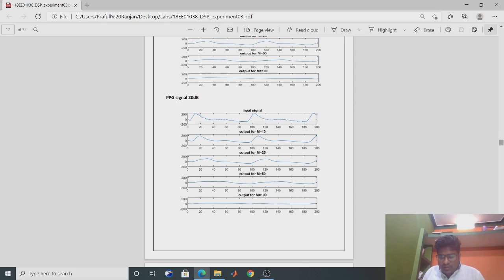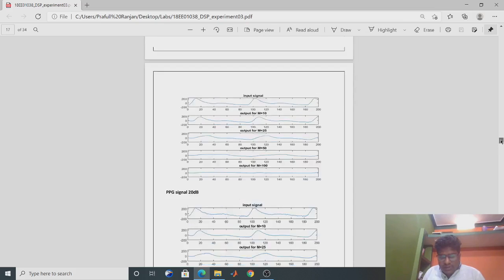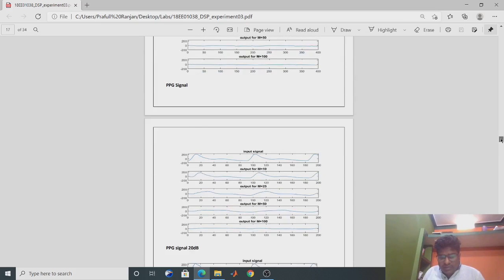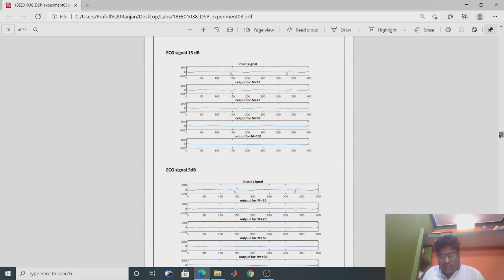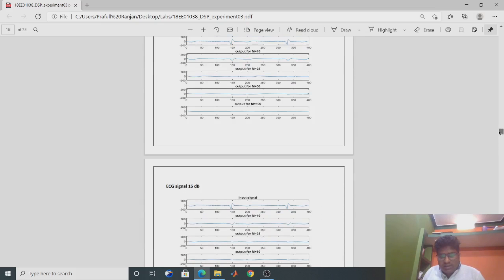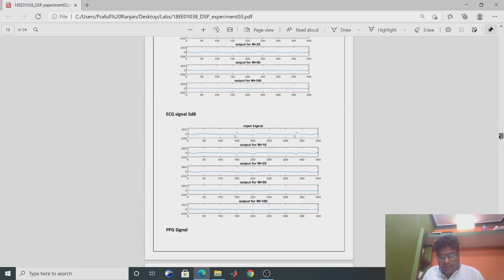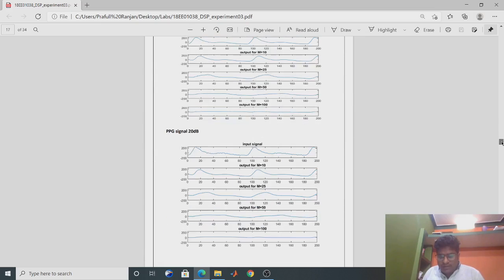There is no peak. It is for 20 dB, and this is for the PPG signal, and these are the ECG signal, 50 dB, 5 dB. We can see that as we are increasing M, the noise is reducing, but also the peaks are dying. So we will take some proper values of M to design the M point moving average filter.